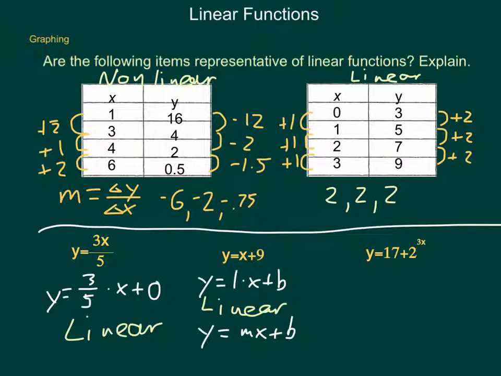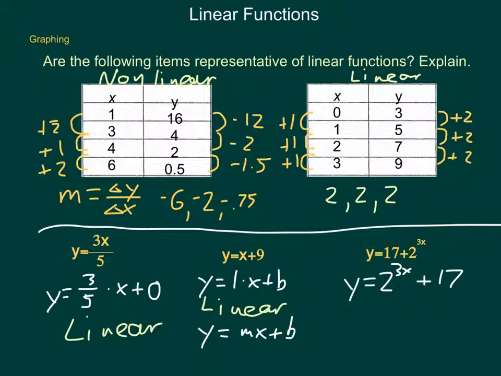Last one of our set here, y equals 17 plus 2 to the 3x power. Well, I'm going to rewrite it so that my x comes first, and I come out with y equals 2 to the 3x plus 17. And right away I notice some differences.